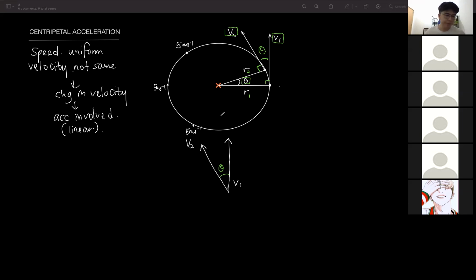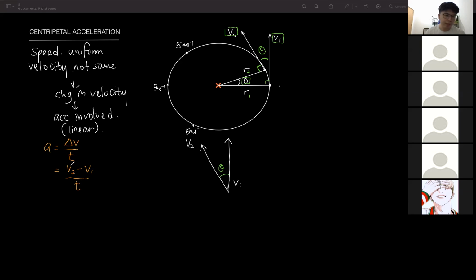Now from here, we find out the direction of the acceleration. Acceleration equals change in velocity over time. So if initial velocity is v1 and final velocity is v2, change in velocity is final minus initial, over t.